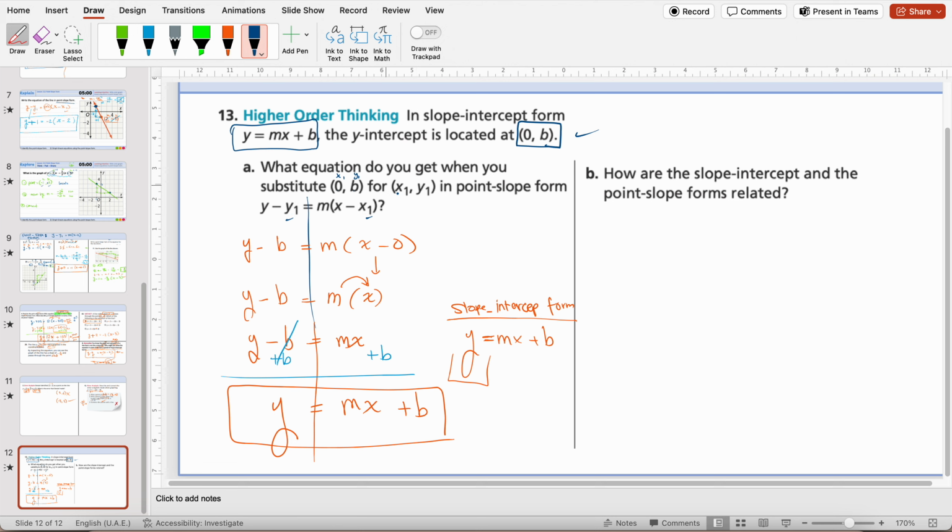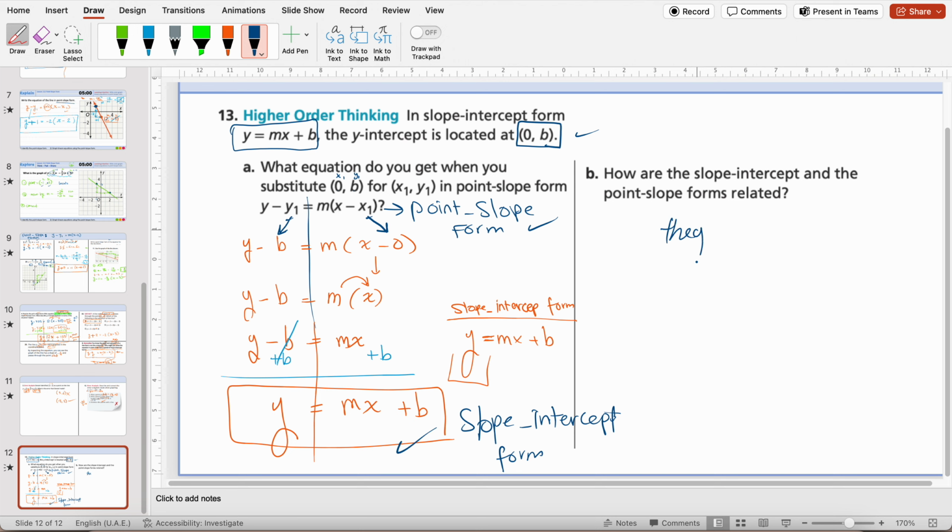So again, the point slope form is exactly the same as slope intercept form if you put instead of y1 b and instead of x1 0, and then simplify. You will get this back, right? So how are they related?